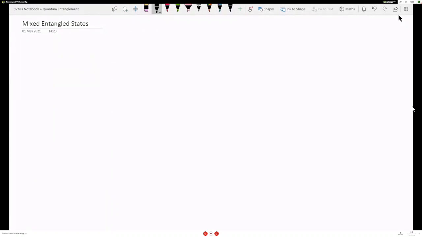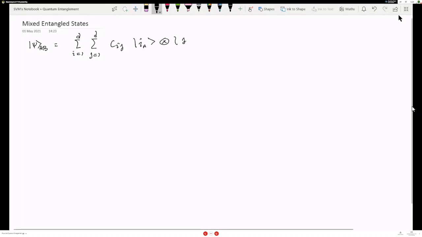We have psi AB equal to the sum over i from 1 to d, sum over j from 1 to d, of Cij. Then, if I ask what is rho AB corresponding to this, rho AB is psi AB psi AB.